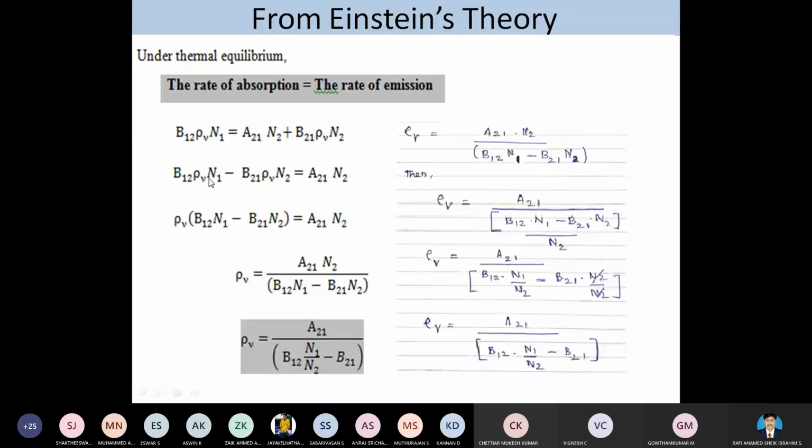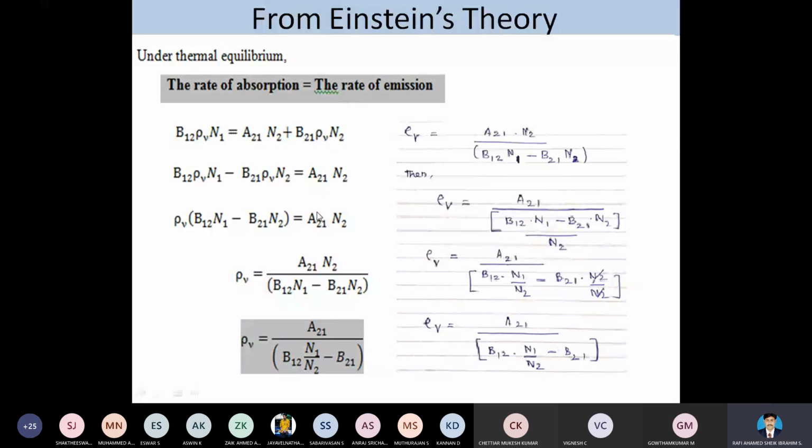Now take the common parameter out. The common parameter is rho V. Let's take this common parameter out. Then we can write B12 N1 minus B21 N2. The rho V becomes common, equal to A21 N2.